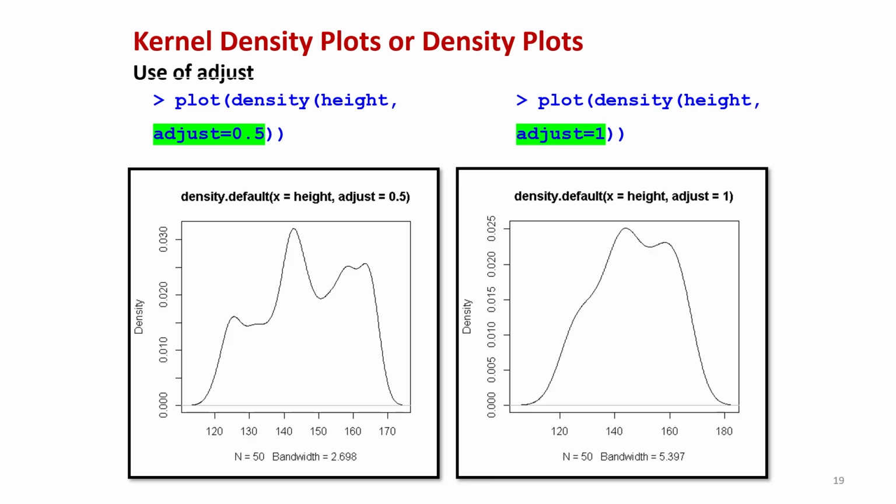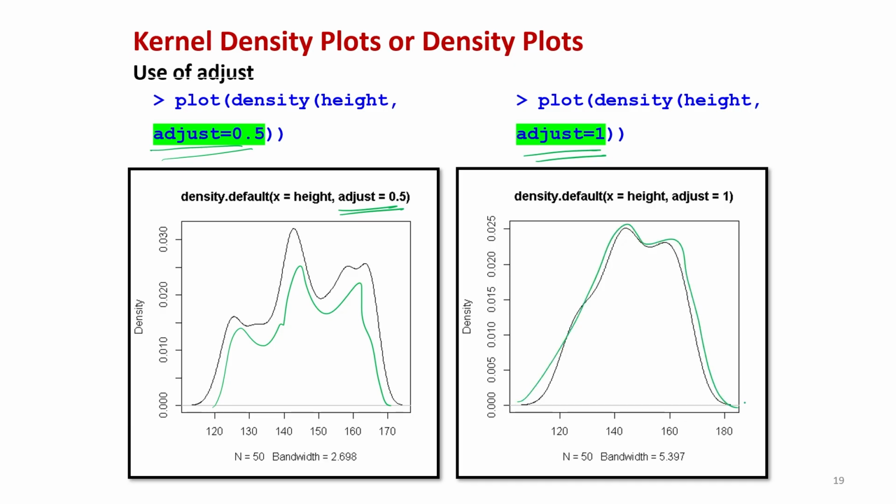And similarly, if you use the option adjust, you can see what is happening. I am using the value of the parameter adjust as 0.5 and 1. When you use the parameter 0.5, the curve has more variation, like you can see here. But if you use a higher value of the parameter adjust, then the curve becomes smoother.